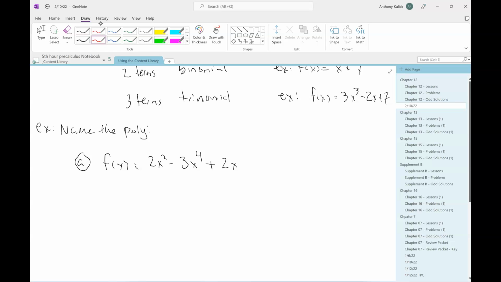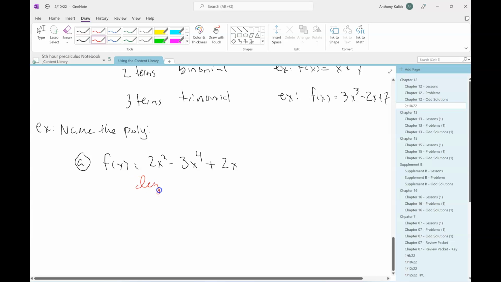So for this one, f of x equals 2x squared minus 3x to the fourth plus 2x. What's the degree? Four, right? It's the biggest exponent, not necessarily the first one.